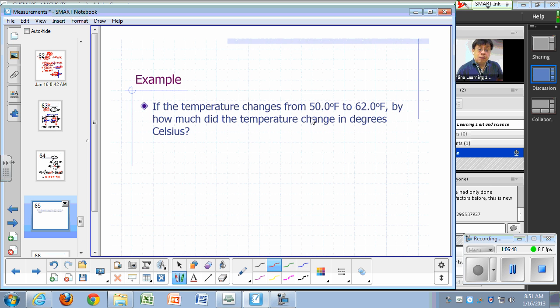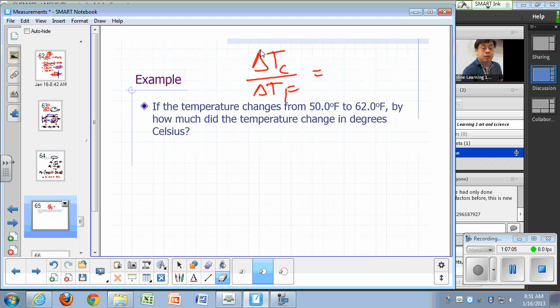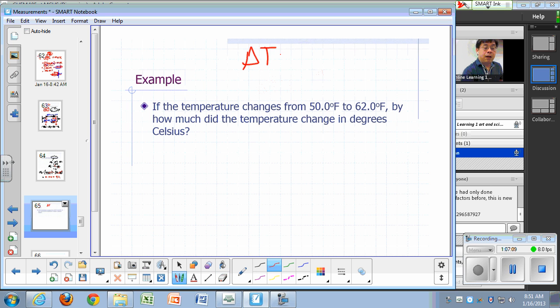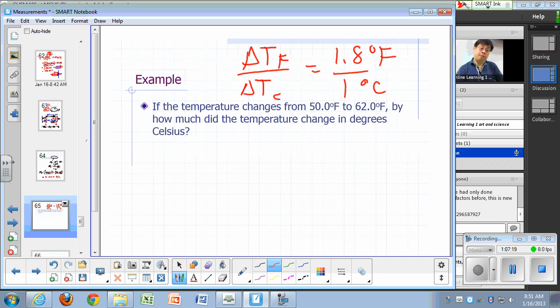All right. Temperature changes from 50 degrees Fahrenheit to 62 degrees Fahrenheit. By how much did the temperature change in degrees Celsius? Well, what's the relationship? Let's do Fahrenheit to Celsius. Delta T Fahrenheit to Celsius, that's 1.8 is to 1, right? 9 is to 5.